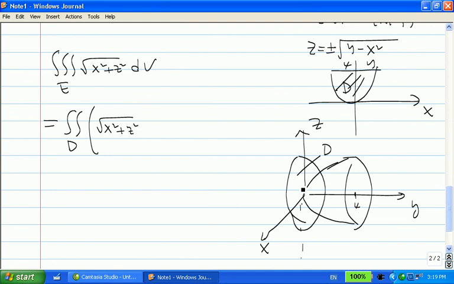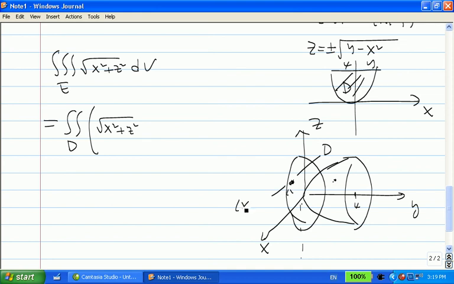we'll project on the xz plane. Then any point in this solid E here, their x and z must fall in this circle. So we find the restriction for x and z. Now let's find the restriction for y to make such a point in this solid. So you fix any point xz here.